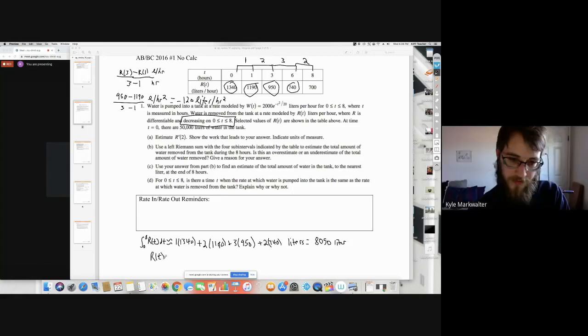Right. So all we have to say is exactly that. R(t) is decreasing. We have to say what it's doing, and it says in the problem here it's decreasing too. R(t) is decreasing, and a left Riemann sum was used.